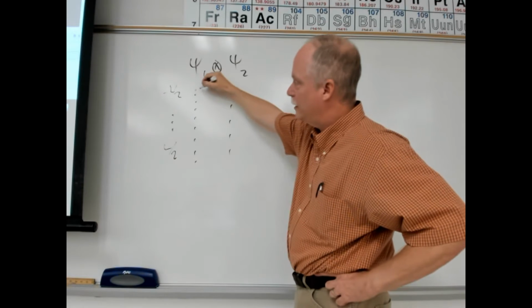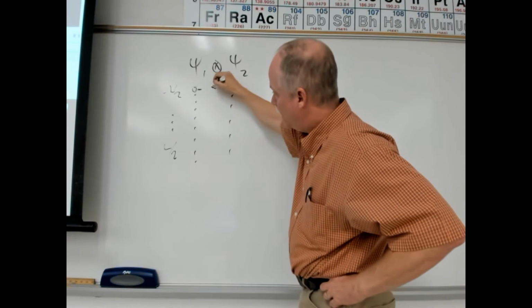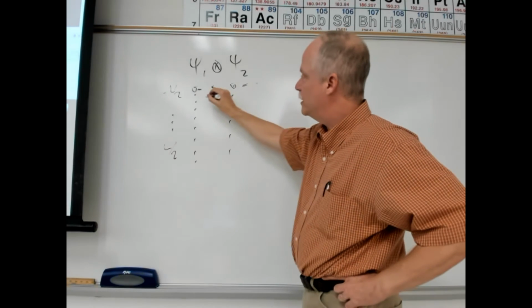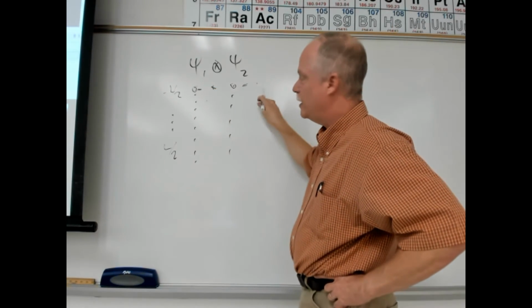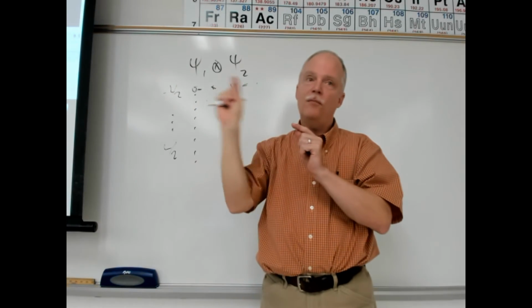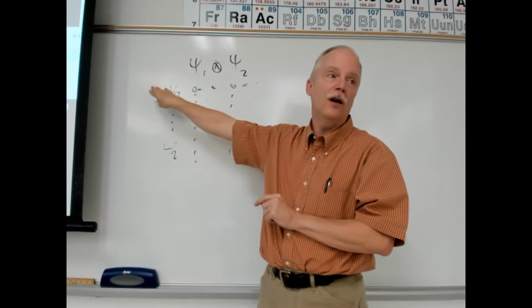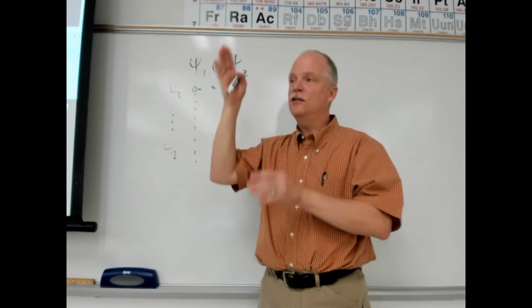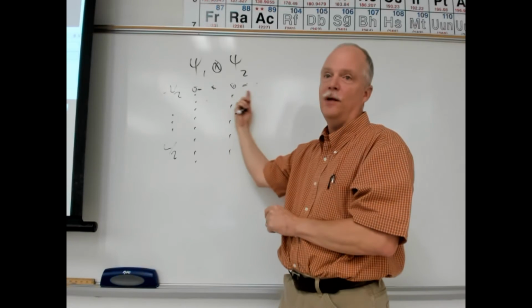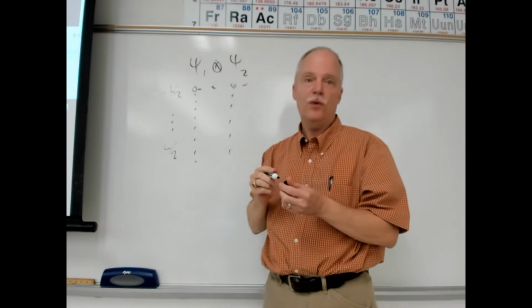And the direct product is just this number times this number equals a new number. So every little number in that wave function is multiplied by the corresponding number at the same coordinate. And so it's just two vectors times each other. Individual pieces of those vectors are multiplied by each other. And that's what we mean by direct product.